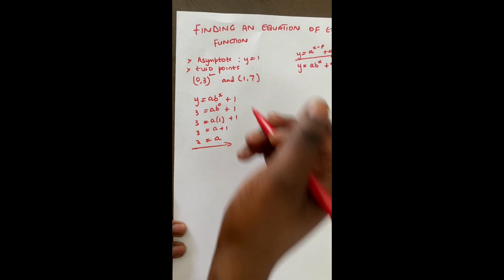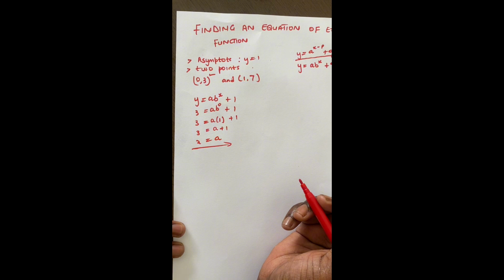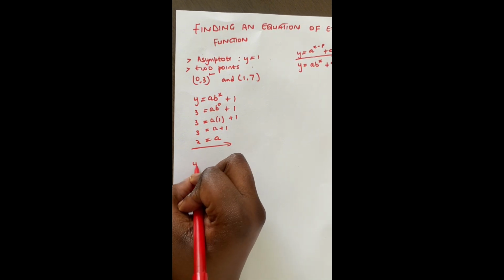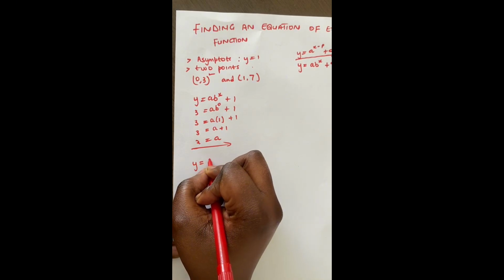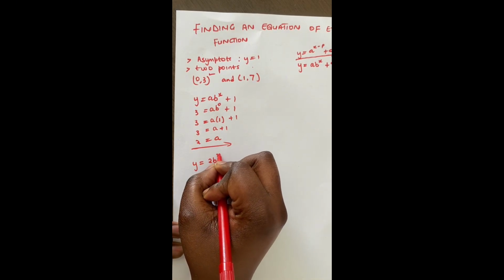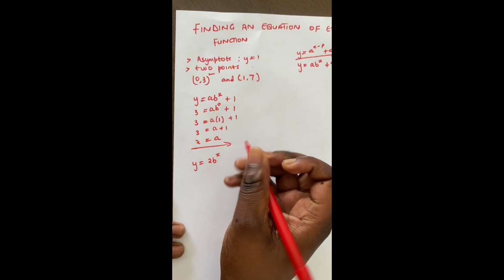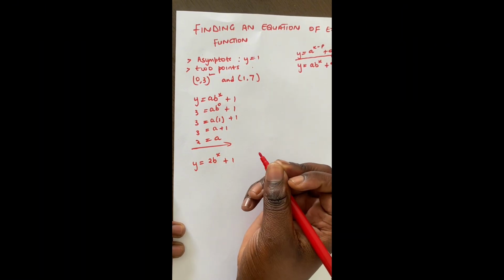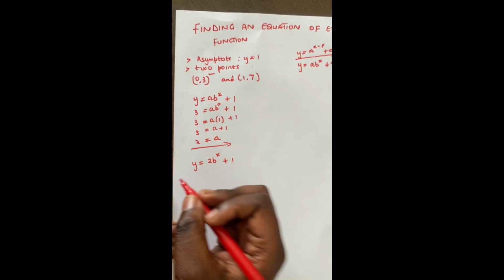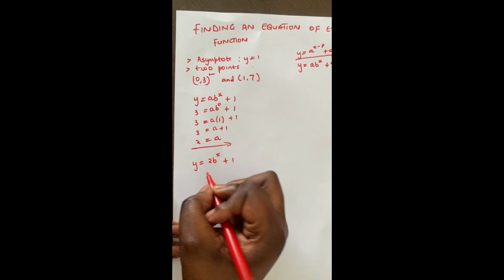All right, and then find the value of b. Now you can use this one to find the value of b. You already have the value of a, so it's going to be y is equal to 2b to exponent x plus 1. Okay, now substitute the second point to find the value of b.